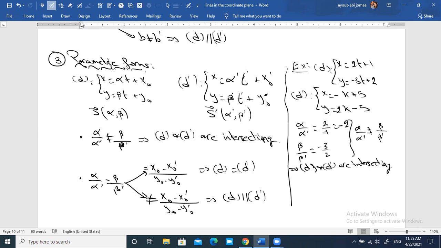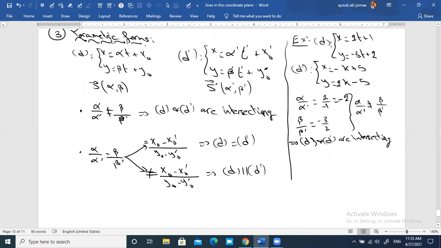Now these two lines are intersecting. To find the coordinates of the point of intersection, it is enough to find t or k. The point of intersection belongs to both lines, so the x of the first line is the same as the x of the second, and the y likewise. So you get 2t plus 1 equal negative k plus 5, and negative 3t plus 2 is equal to 2k minus 5.